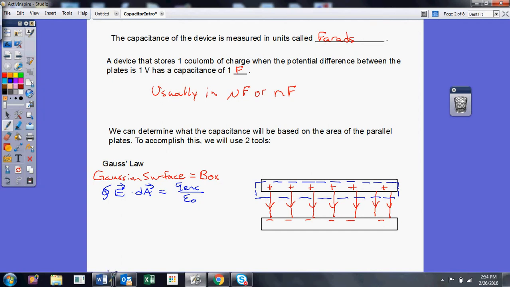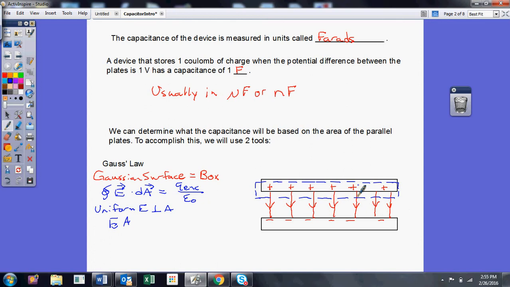Here we have a uniform electric field E that is perpendicular to A. And so the integral of E dot dA is just the electric field times the area, E times A, and the area is just that one surface. That's the only surface here that has any flux.